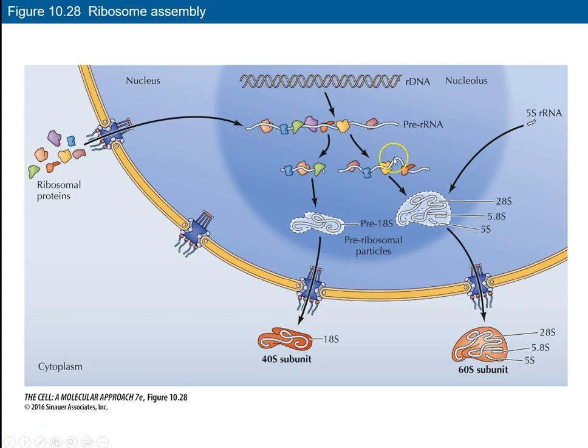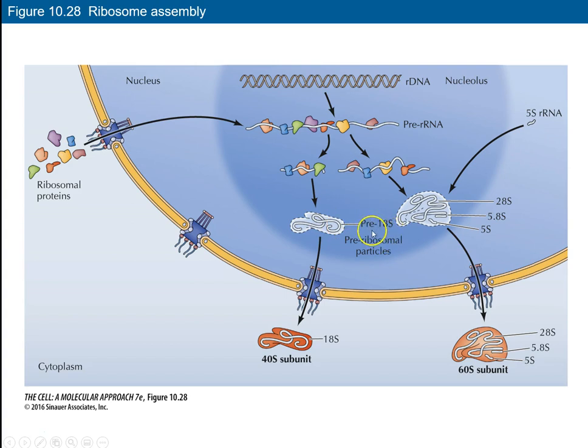So some of the ribosome assembly is happening inside the nucleolus. Also, ribosomal proteins are coming in from the cytoplasm. Why? Because those ribosomal proteins were made on ribosomes out here, and then they get imported in, associated with this pre-RNA, and now they can start to assemble to form the two subunits.